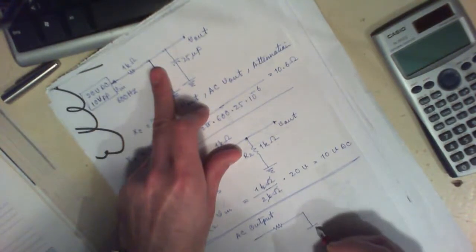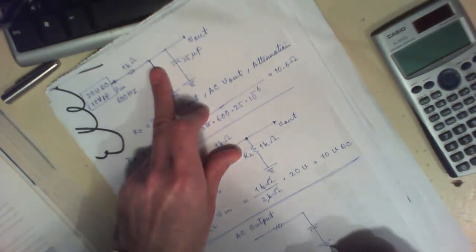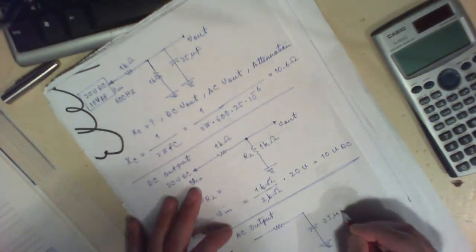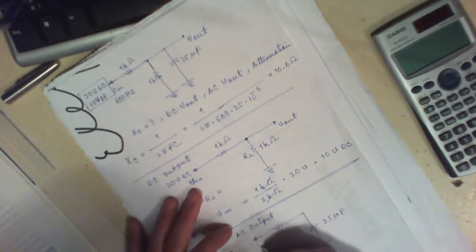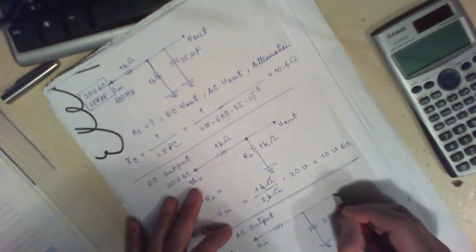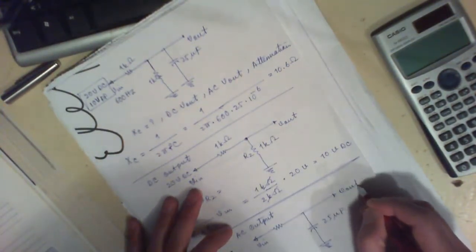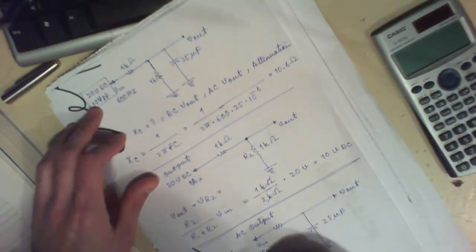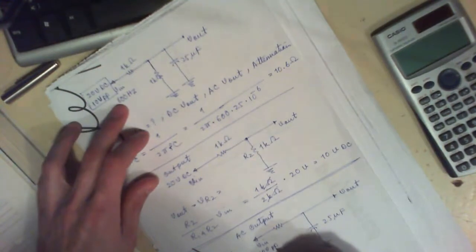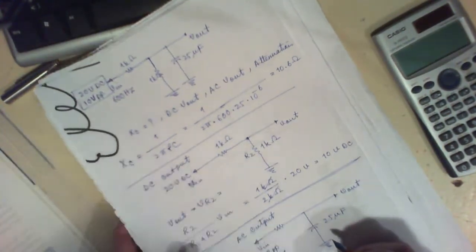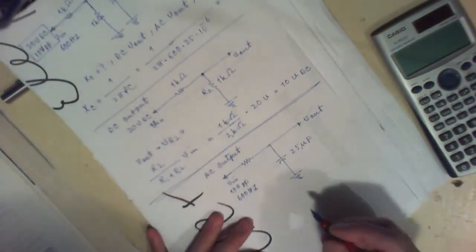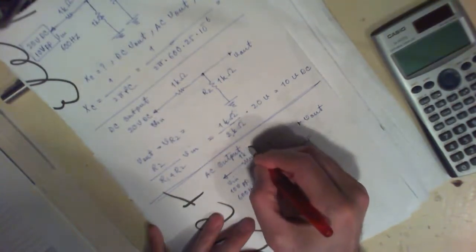You have a capacitor here, 25 microfarad, and this would be your V of in and this would be your V of out. Your V of in would be 10 volts peak to peak at a frequency of 600 hertz, and this is a 1 kilo ohm resistor.